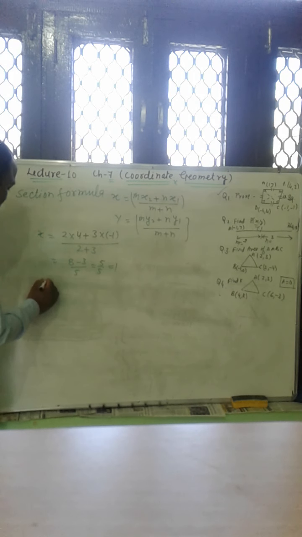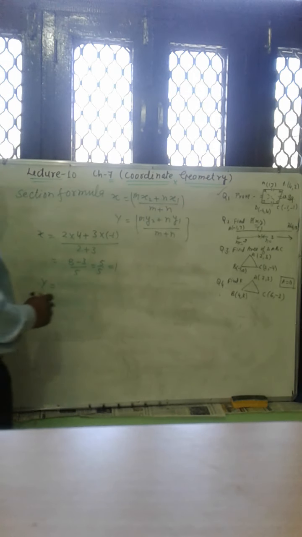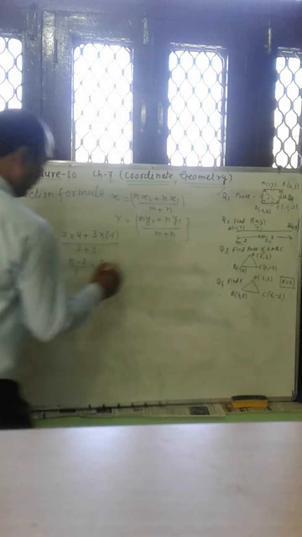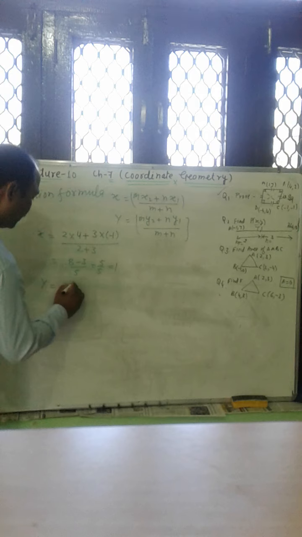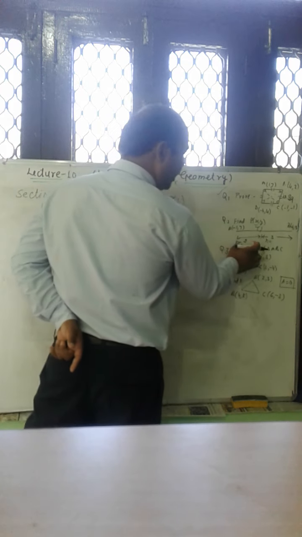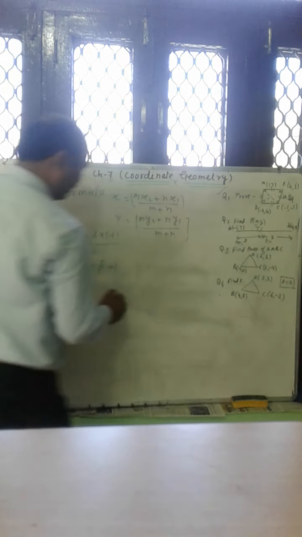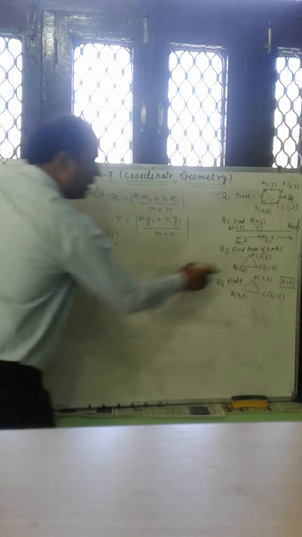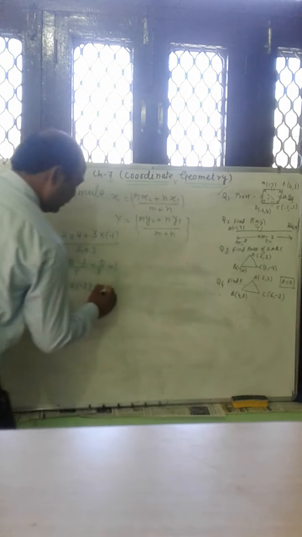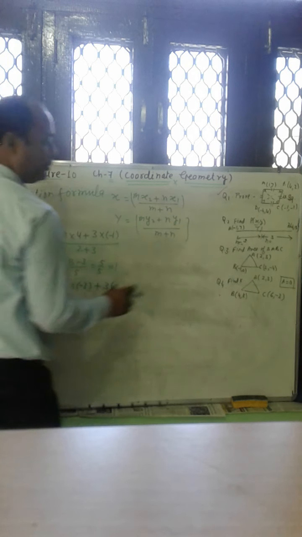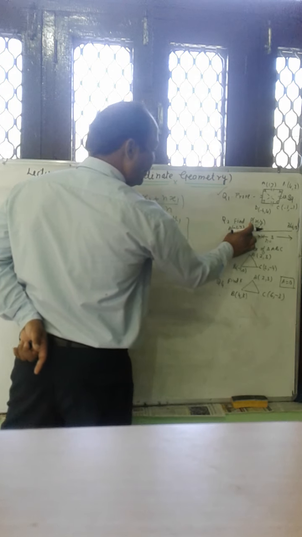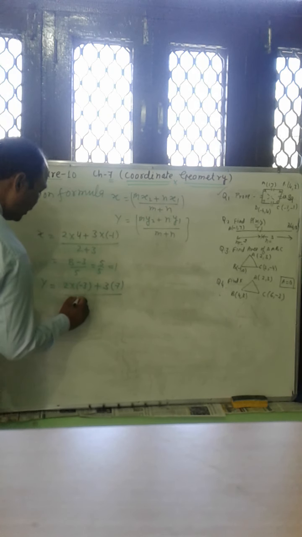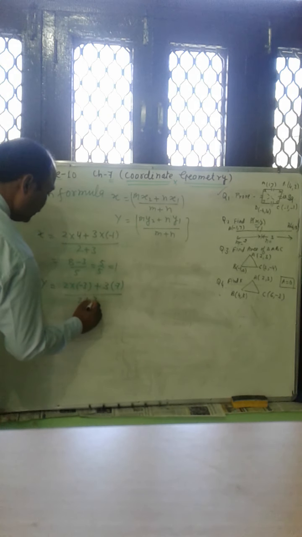Then y is equal to m which is 2, once again 2 into y2 which is minus 3, plus n which is 3, into y1 which is 7, upon 2 plus 3.